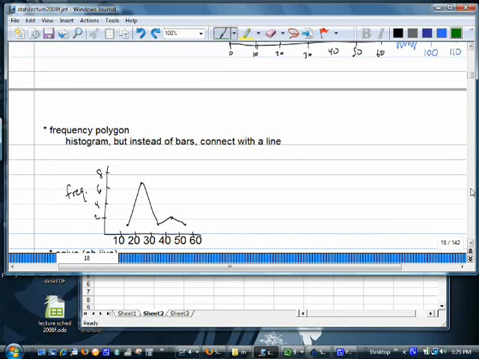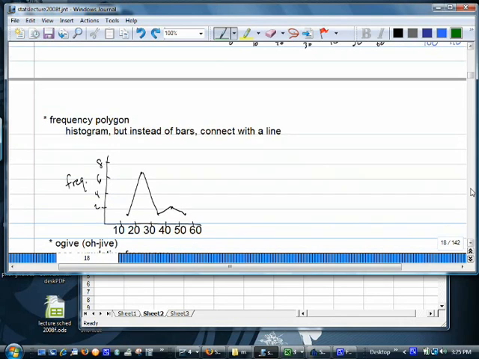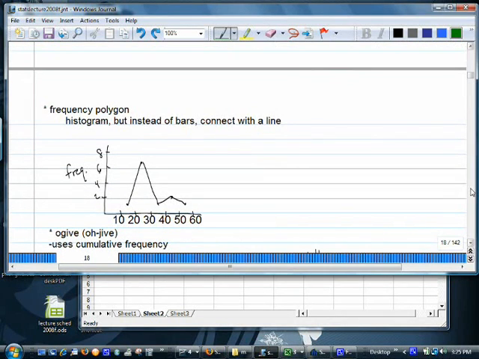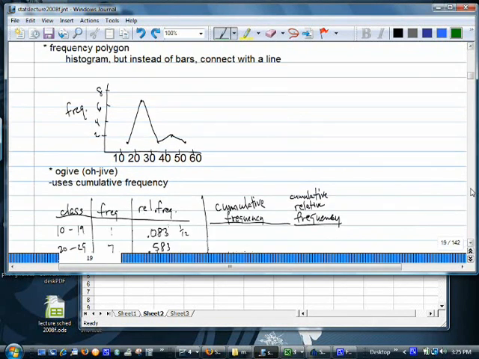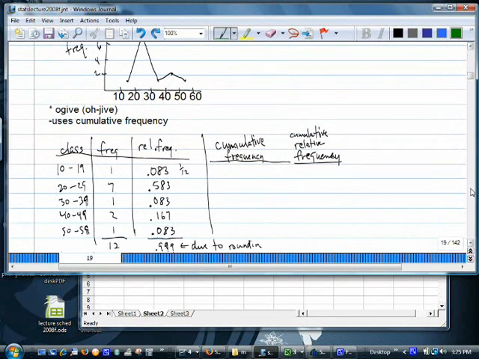Okay. So the frequency for the first class is 1, then it's 7, then it's 1, 2, and 1. So the first class has 1 in it. After the second class has been counted, how many do we have so far? 8.